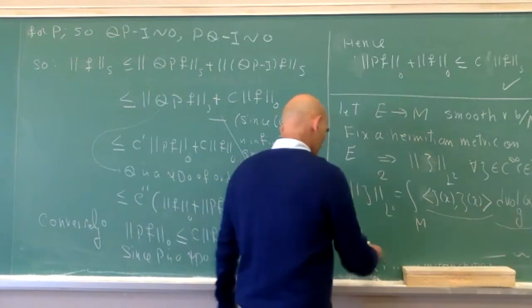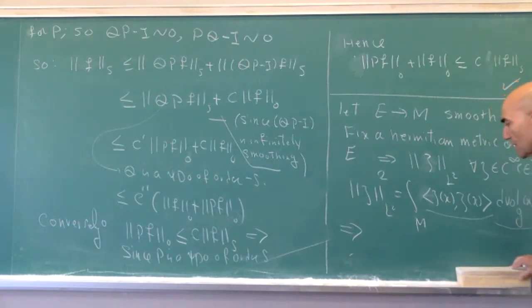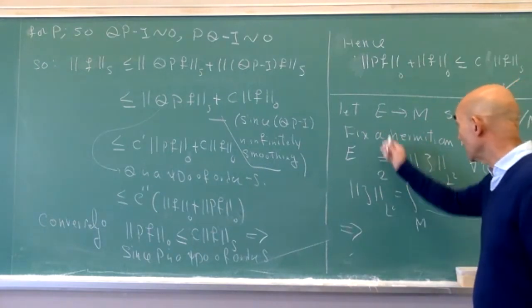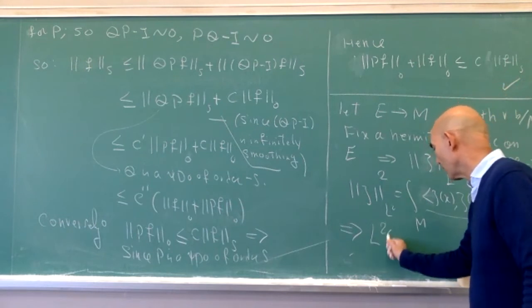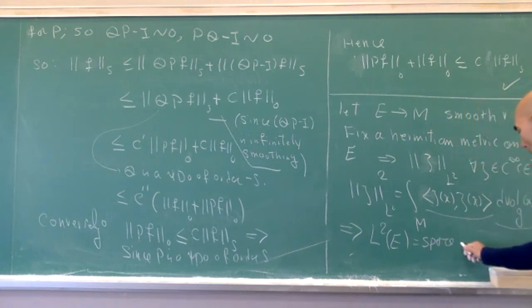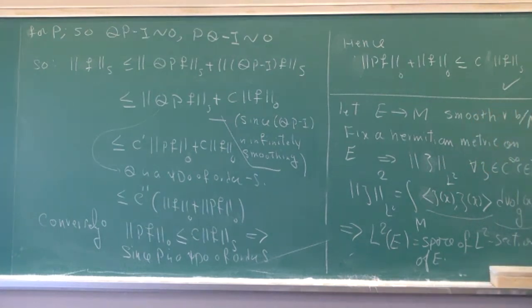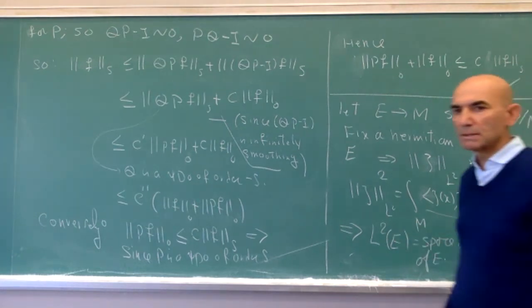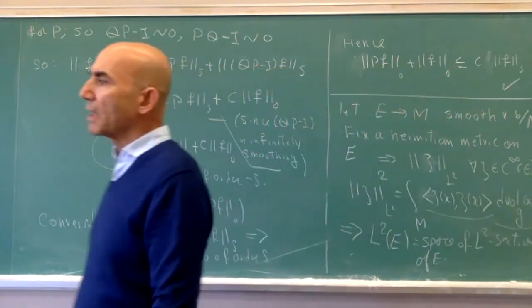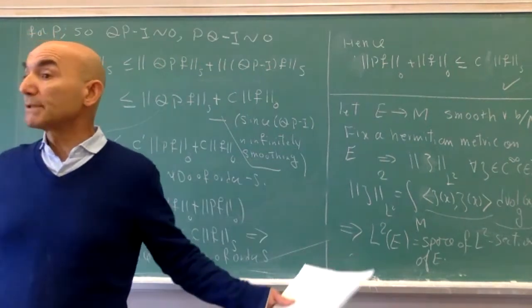From here, you get L2 sections of E. So I denote it by L2 of E. That's the space of L2 sections of E. That's one Hilbert space, that's important. We can also define a Sobolev space of sections of order S by a similar method.